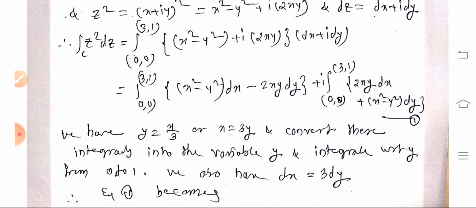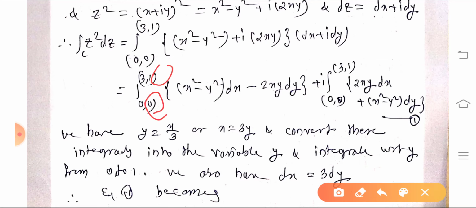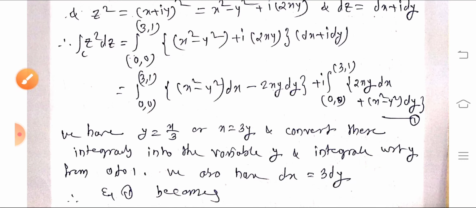Now we have y equal to x by 3, so x equal to 3y, and we convert these integrals into the variable y and integrate with respect to y from 0 to 1. Here the y range is 0 to 1, that is the second variable we take, and dx equal to 3 dy.